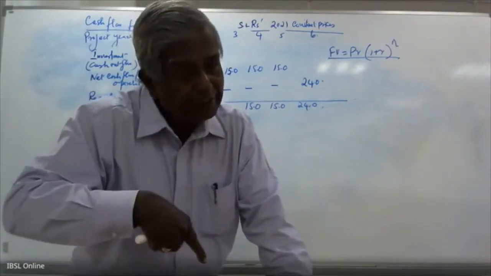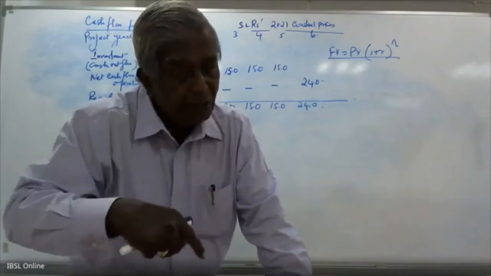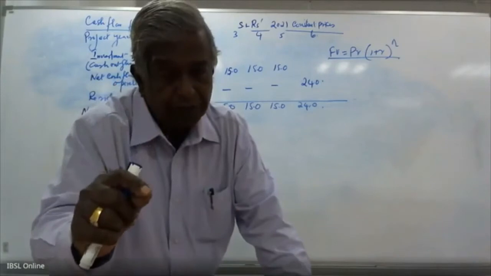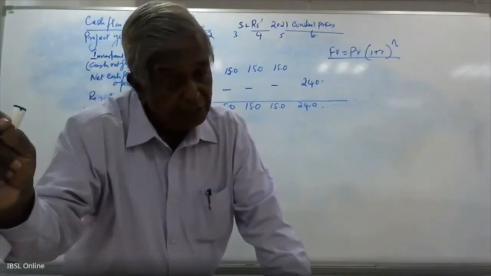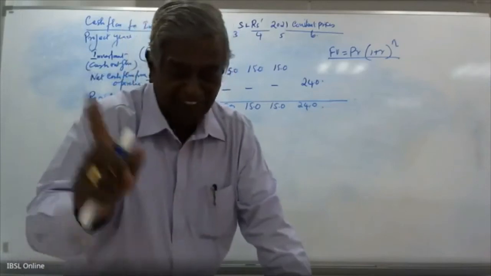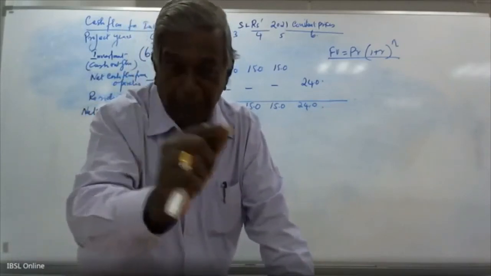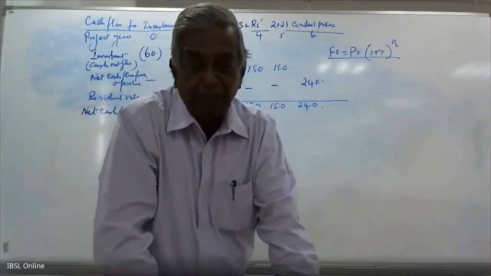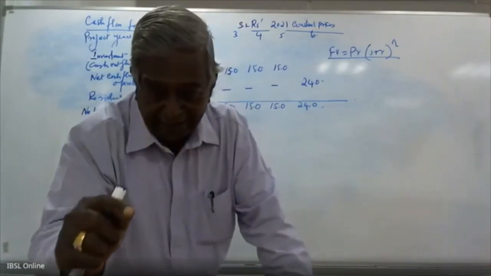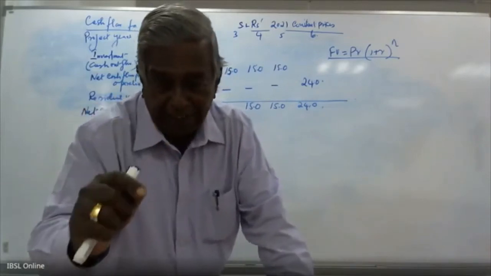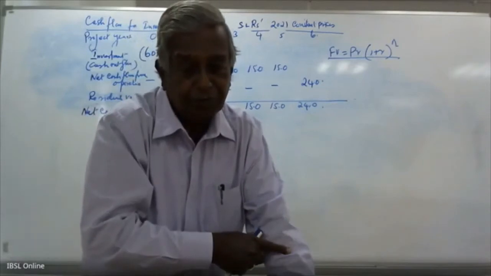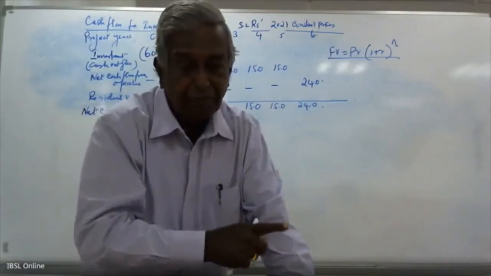Now the discounting factor is the other way around. For 1 rupee future value, at various interest rates and various periods, what is the present value?